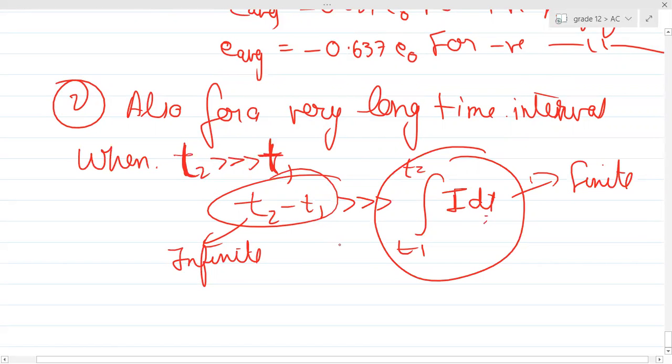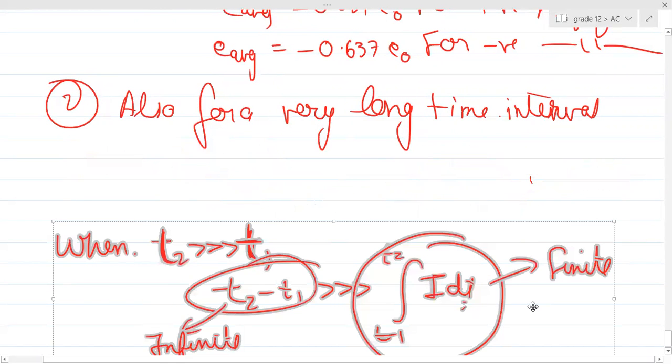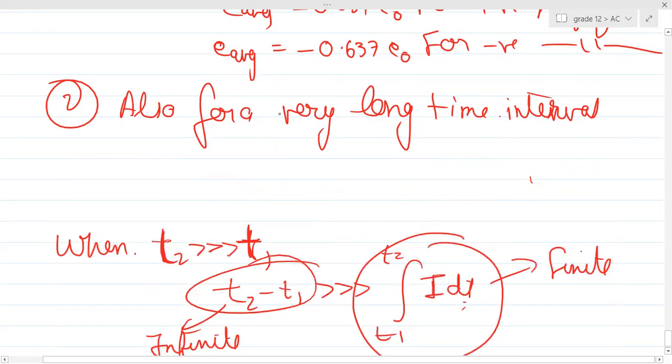It is 0. Anything divided by infinite is 0. So can I say for a very long time the value of average current or average EMF becomes 0? Please note it down.